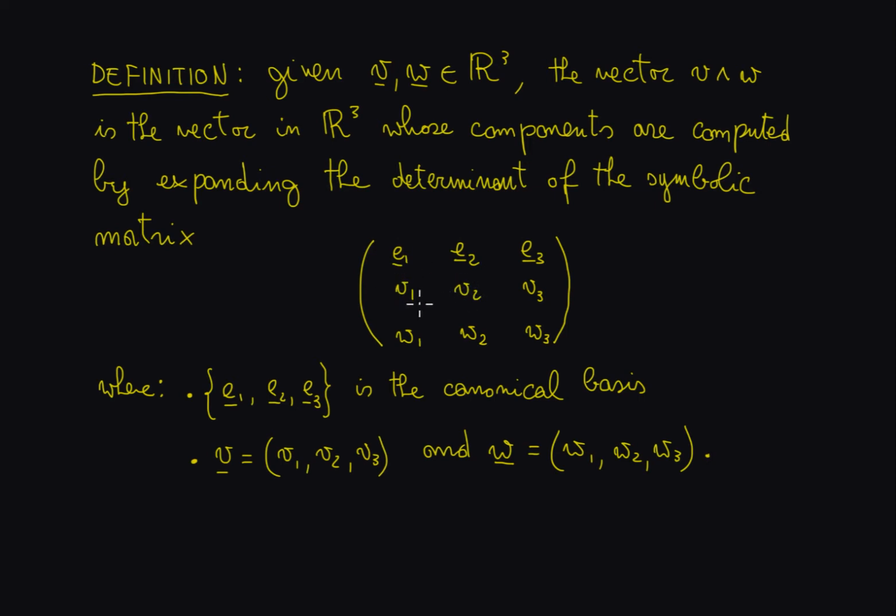But the operations involved in taking the determinant of this matrix are well defined. The entries of the second row are the components of the vector v. So v1 is a number, v2 is a number, v3 is a number. So they're all scalars. And the same for the third row: the entries are the coefficients of w.